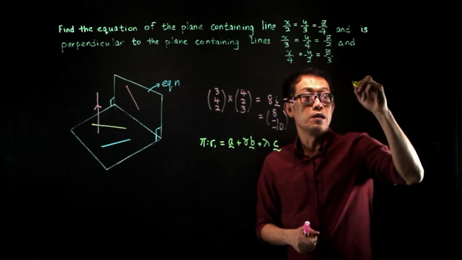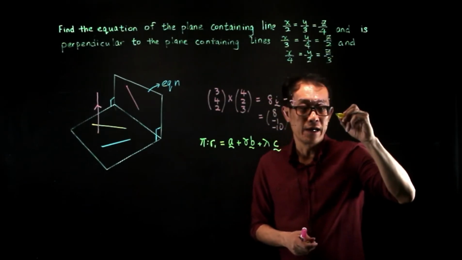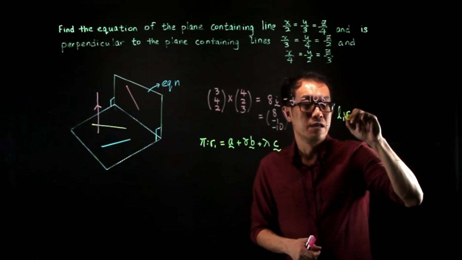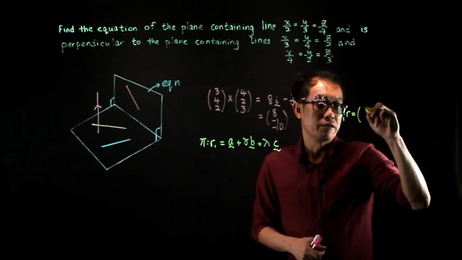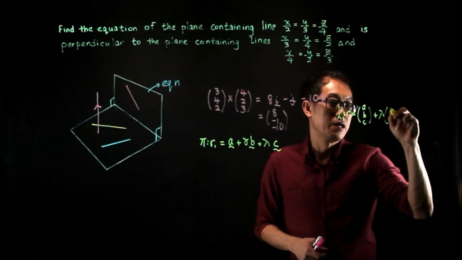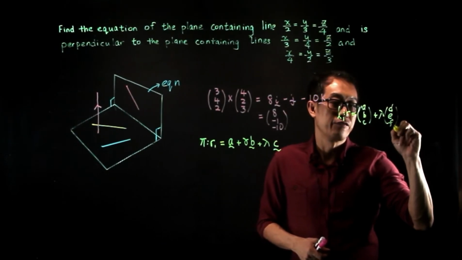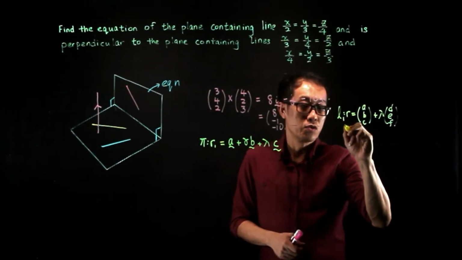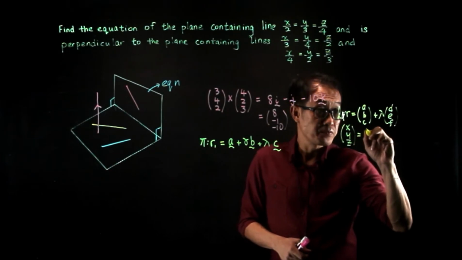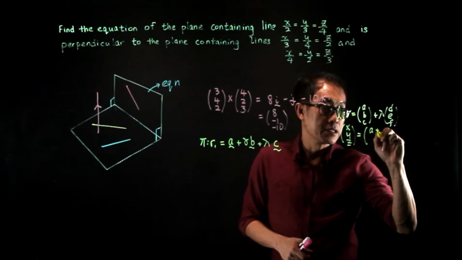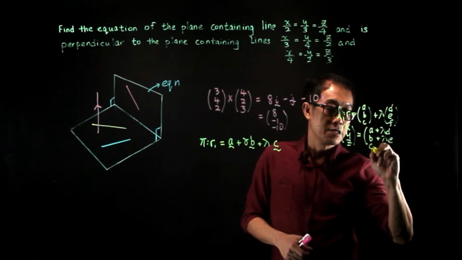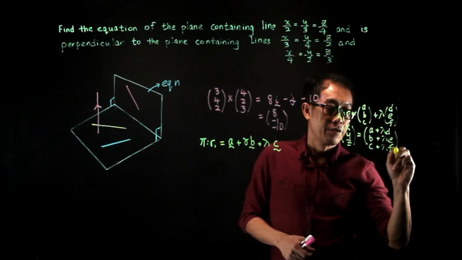Now, your equation of a line, let's say, you are more familiar with this: A, B, C plus lambda D, E, F. So I write x, y, z will be equals to A plus lambda D, B plus lambda E, C plus lambda F.